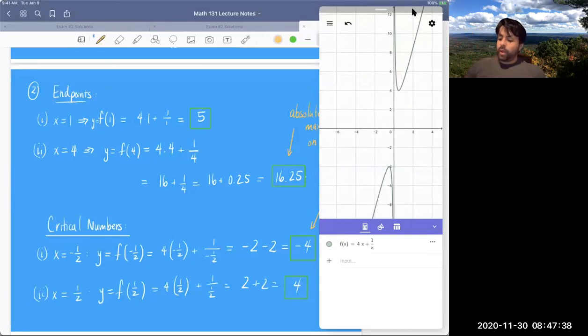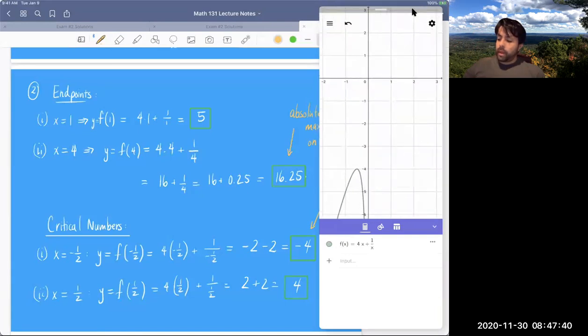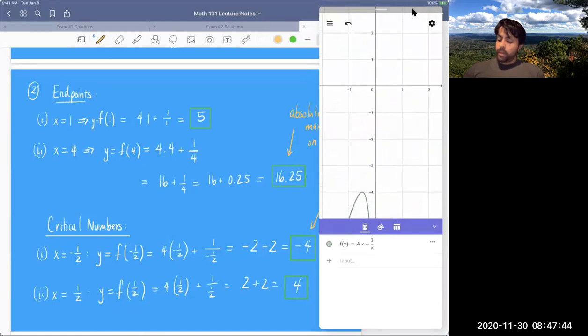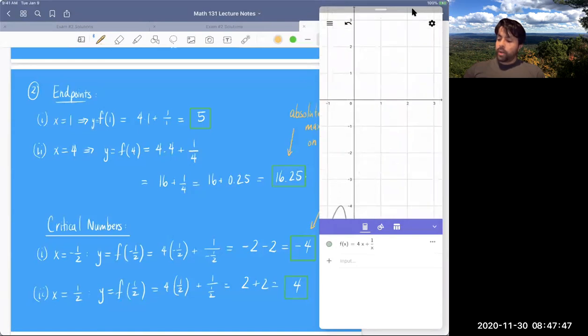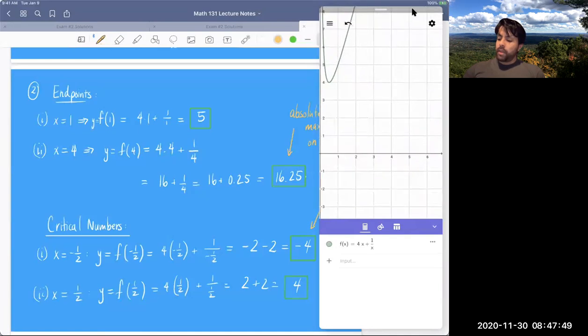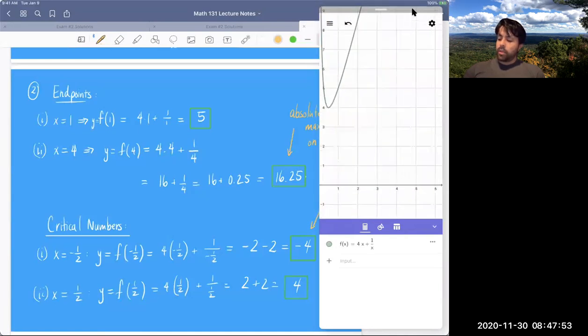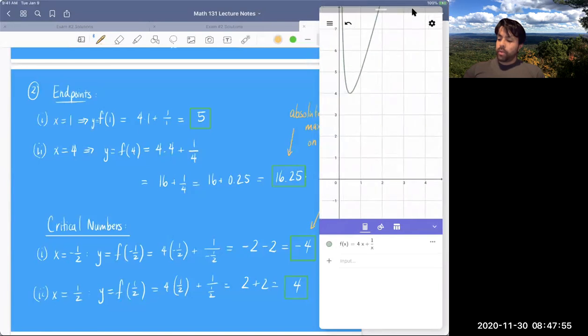So the 1 through 4, right? At 1, sorry, this is 1 through 4. So I'm not even looking at this piece over here. I'm looking at only this top piece. So 1 through 4, what's the smallest value?